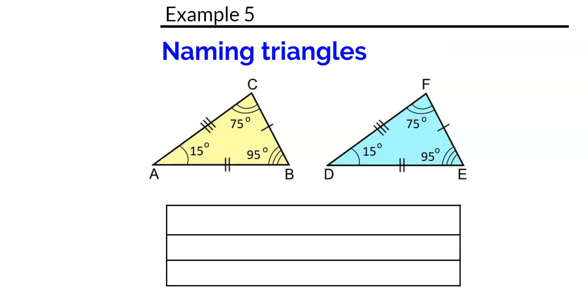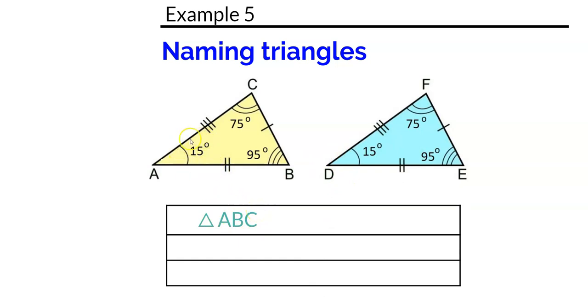Okay, and the last thing you need to know is naming the triangles. Similar to the naming of the angles, the naming of the triangles is important because we want to make sure that the pattern is the same. For example, if I say triangle ABC, when we look at the second triangle, it has to have the same pattern as the triangle A, B, and C. So the pattern I'm looking for is the angle.